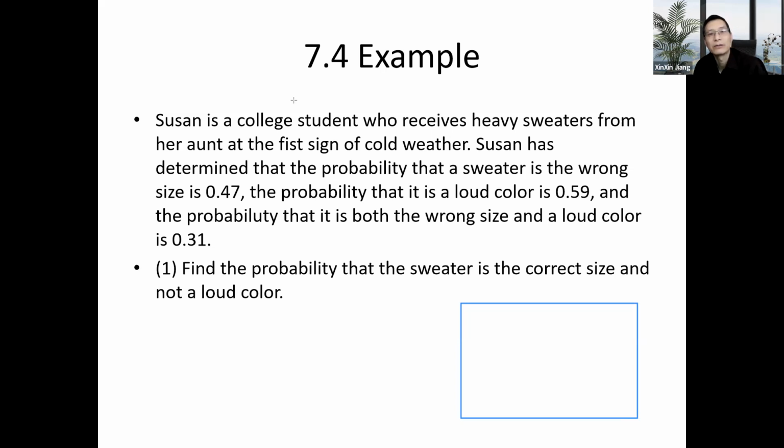You have two types, wrong size and loud color. And you have all the sweaters. That's the sample space, not the sweater. But they could be the same. Wrong size and a loud color.